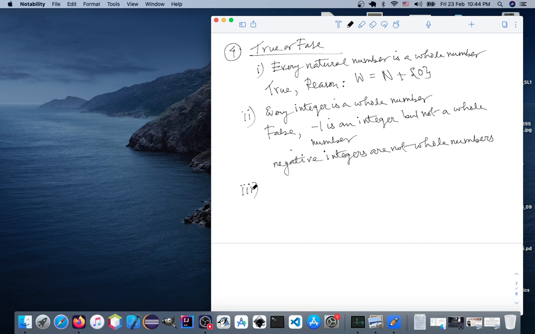Number 3 says every rational number is a whole number.